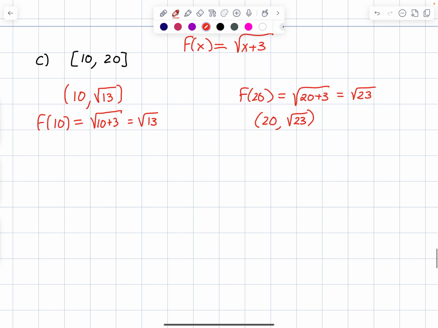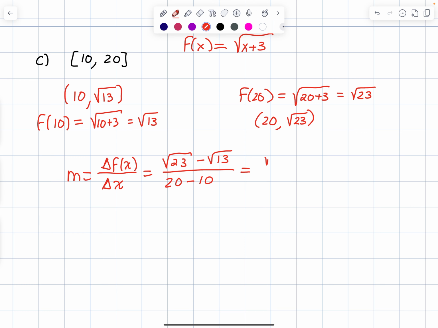All right, now let's use our formula to calculate the change in f of x over the change in x. So we get square root 23 minus square root 13 all over 20 minus 10.